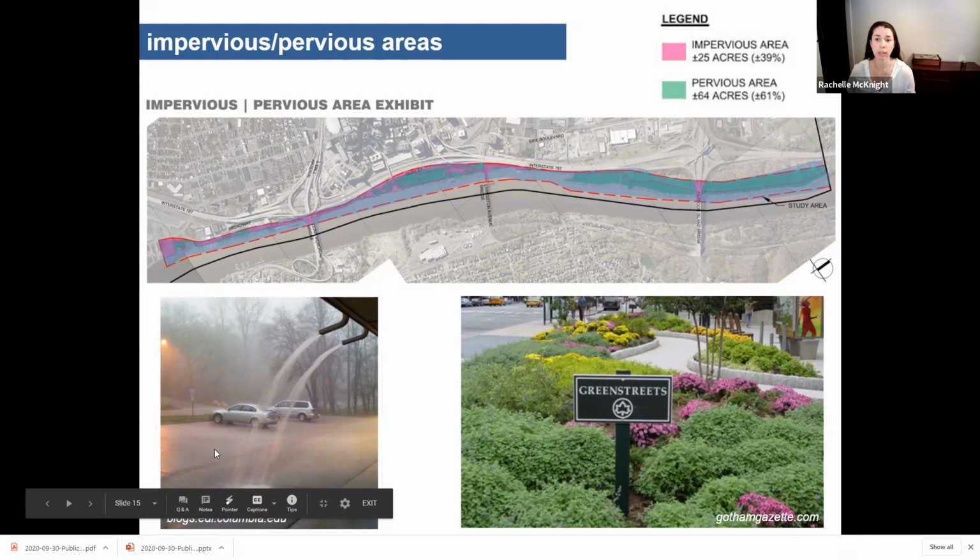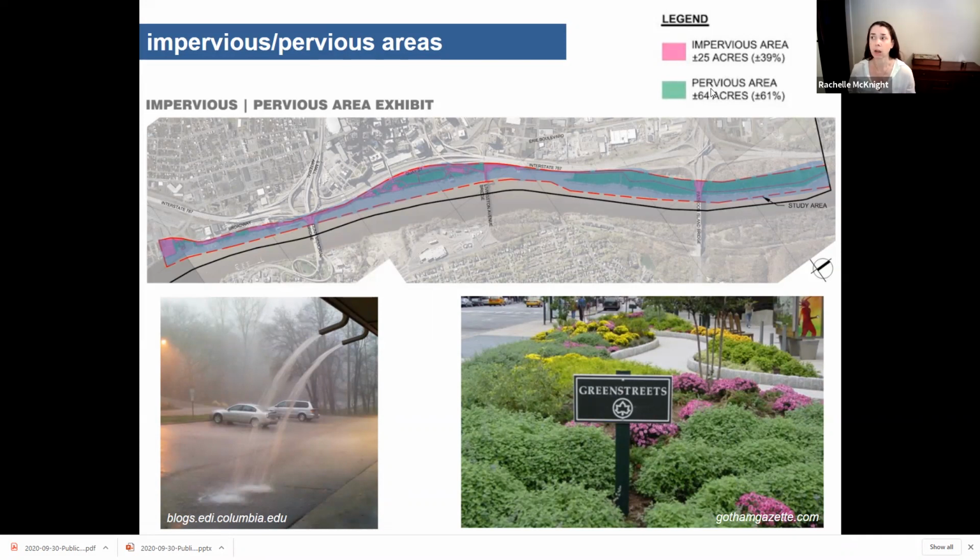Basically it's hitting rooftops, pavement, parking lots, sidewalks, roads, and that water is going to go either into your existing utility systems, or it's just going to flood and go somewhere else that it can soak into the ground, or it can be washed away in a stream or a river.